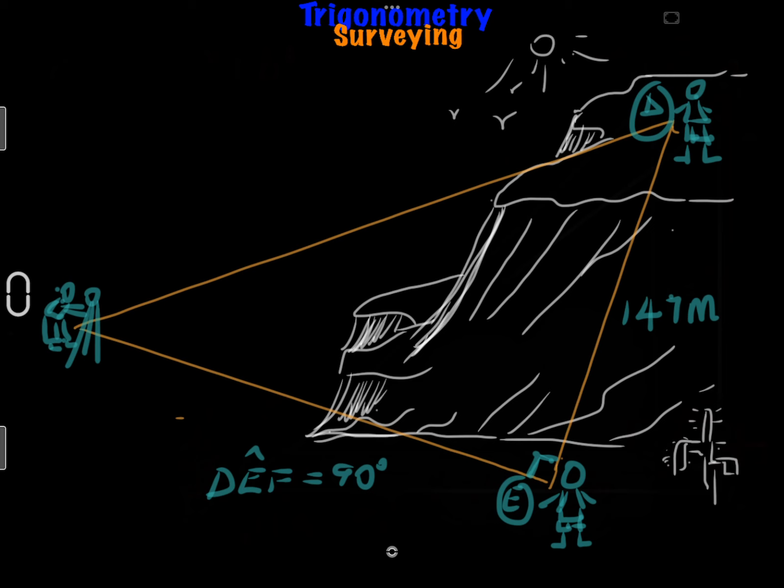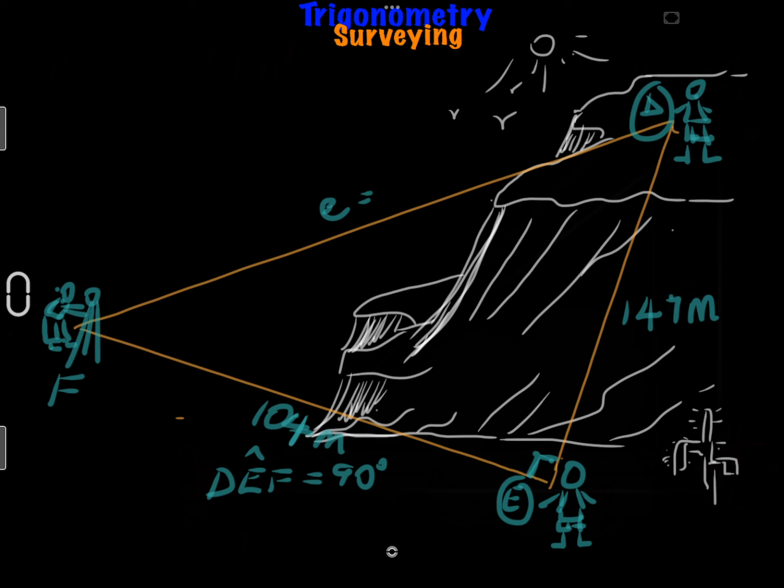And then she measures EF, remember, we have F here. EF is 104 meters. Okay. Now we need to find this side here.